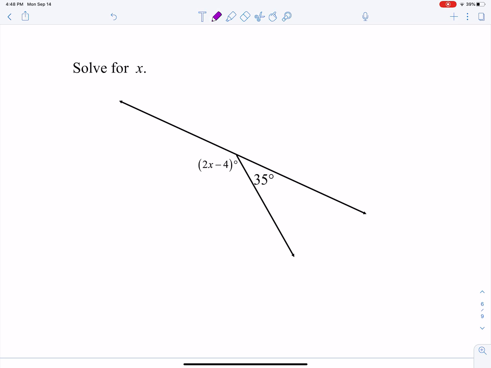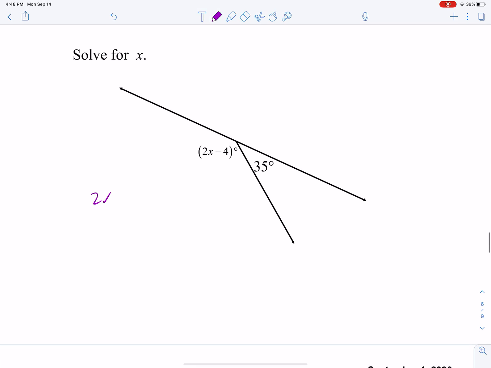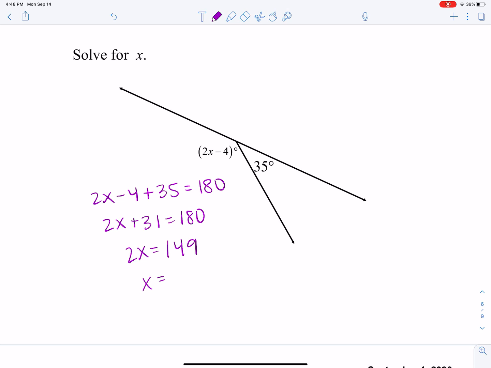So we're going to have to set up an equation. 2x minus 4 plus 35 degrees equals 180. So combining negative 4 plus 35, 180. Let me use my calculator here. 74.5.